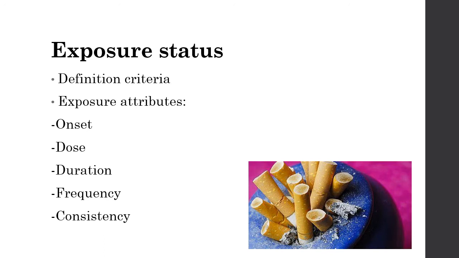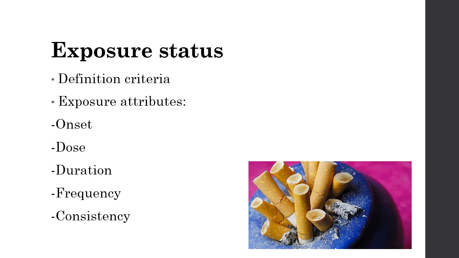It is a similar thing that we need to focus on now about the exposure. We cannot take the exposure status lightly, and we have to think thoroughly about who will be among the exposed group and who will be among the non-exposed group. So you have to have a definition.